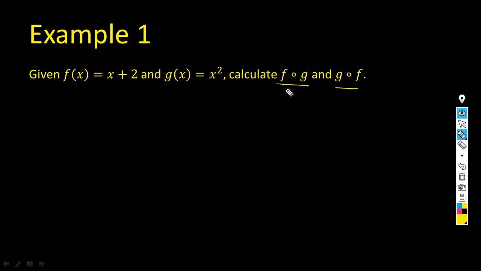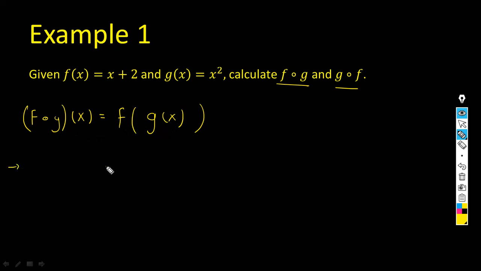So let's do this. Let's first do f circle g. f circle g of x is a function that is created by evaluating f in what number? In g of x. This is the definition, guys. Just stick to the definition and work with it.